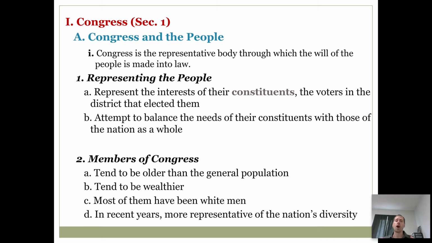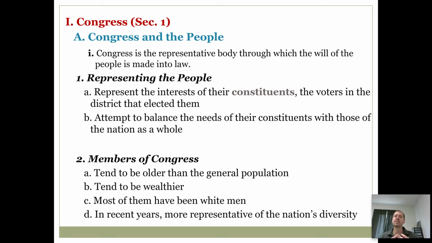Congress. We know that Congress is the representative body through which laws are made. We the people pick our representatives, so these laws represent our will. It represents the will of the people. Congressmen and senators, they represent us.